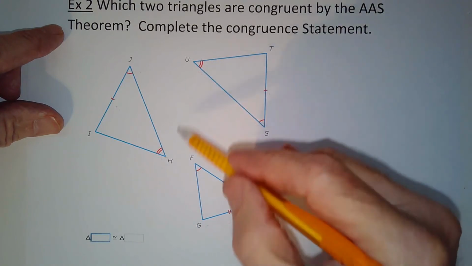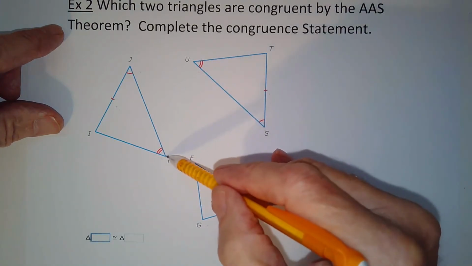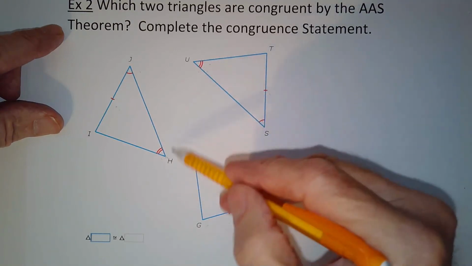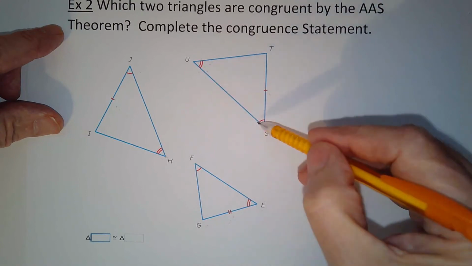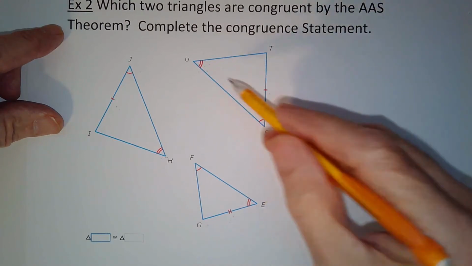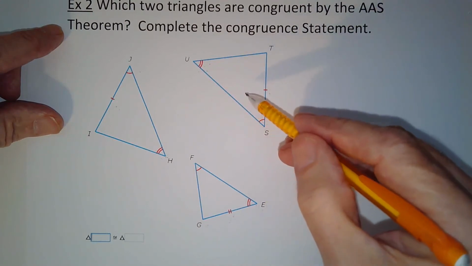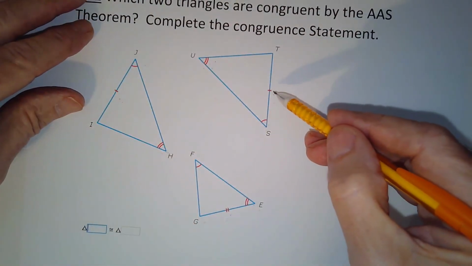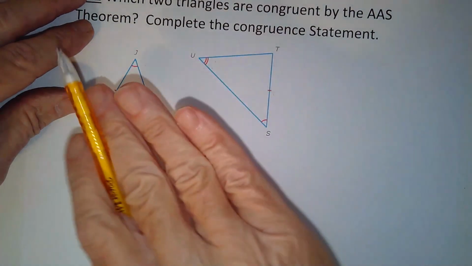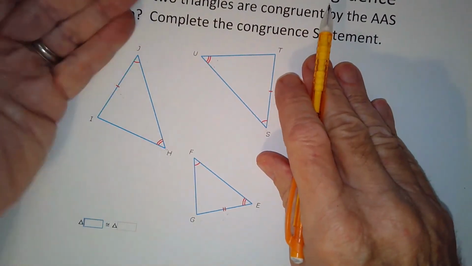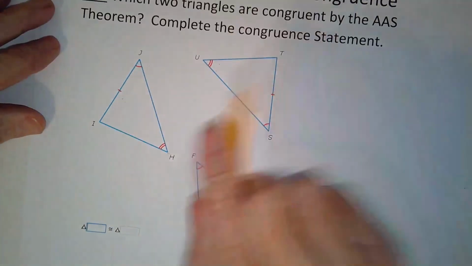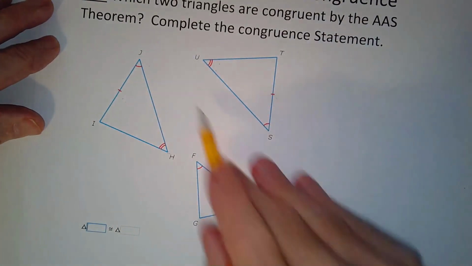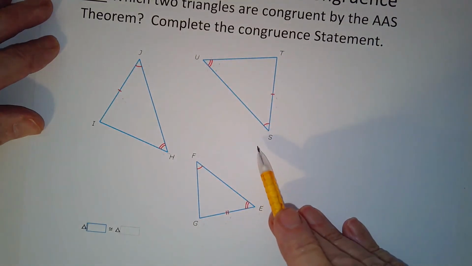And then the double arc angles, notice this one's at the bottom of its triangle, this one's at the top of its triangle. So it appears that the triangle is flip-flopped like this, a reflection, somewhere across the line in between these two triangles.